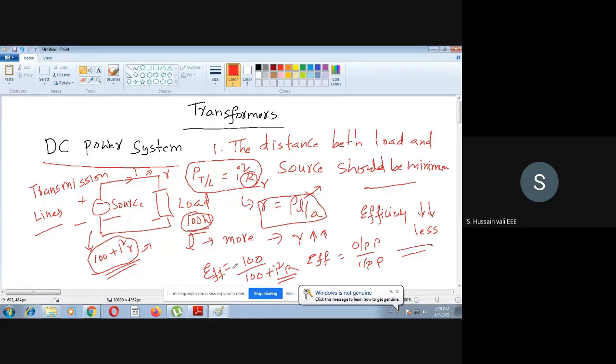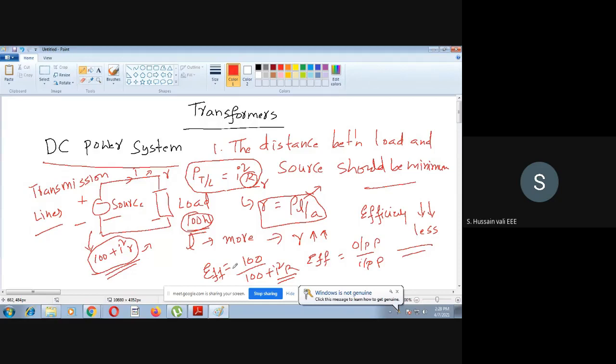But you imagine yourself how it is possible to have a generating station very near to our town. It is not possible. It may be possible, but there is another problem: it may create environmental problems. It may create pollution. So many other problems also arise when you have the generating station just nearby our town.